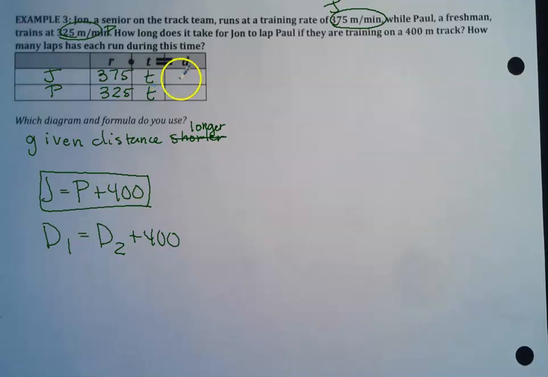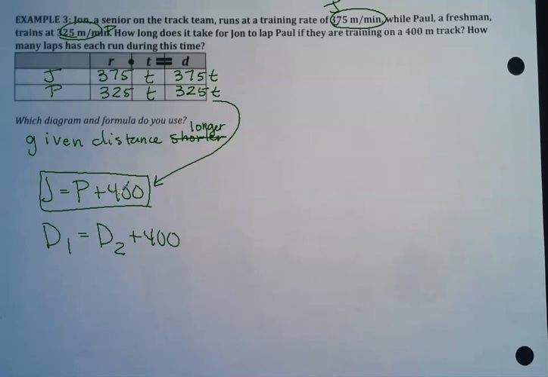So the distance that John ran is 375 times T, and the distance that Paul ran is 325T, right? We're just taking how fast they ran, their rate, multiplying it by how long they ran. The trick comes when we take into account that 400 meters.